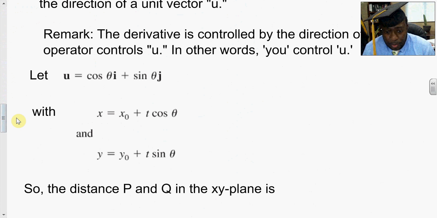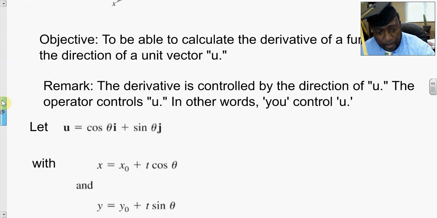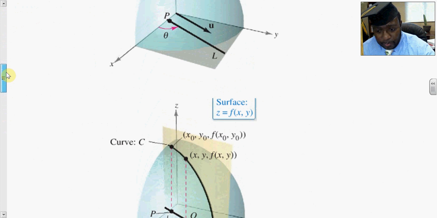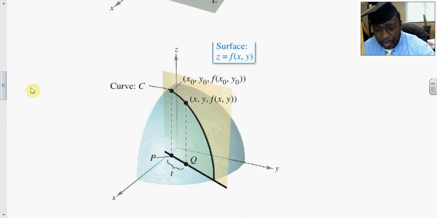Let u equal a unit vector, cosine theta i plus sine theta j. For the two-dimensional space, we can raise that to the third dimension in terms of looking at i, j, and k, where x and y are defined here based on this diagram, and x and y relate with respect to p and q.